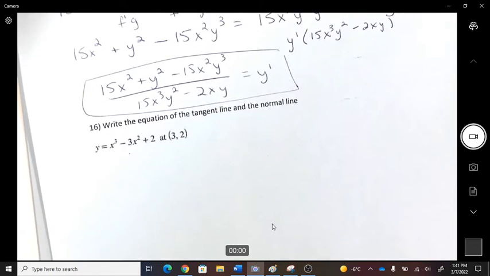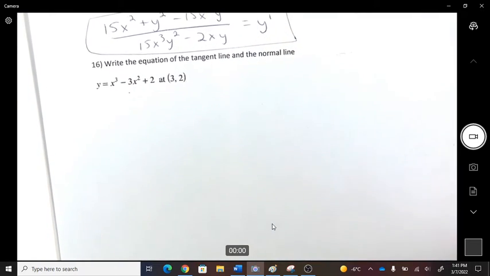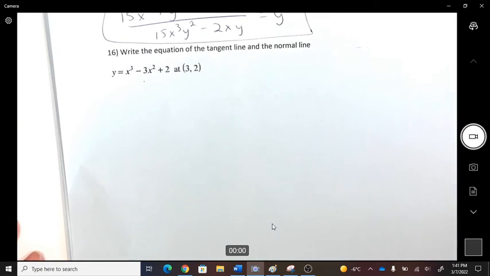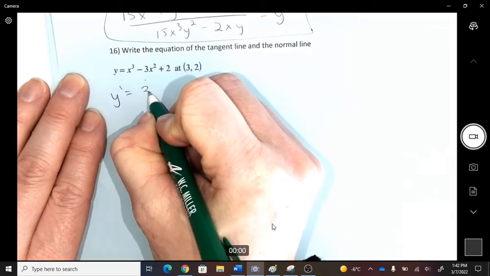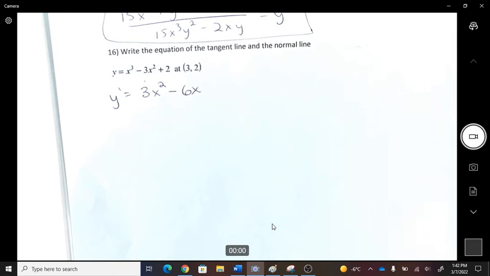Okay, number 16. I probably should have made a harder question on this type, but I didn't. Okay, write the equation of the tangent line and normal line. So I'm going to derive this. So 3x squared minus 6x is the derivative.